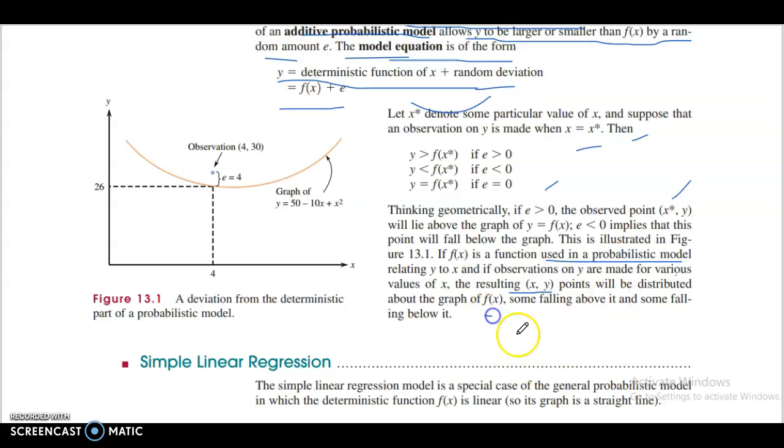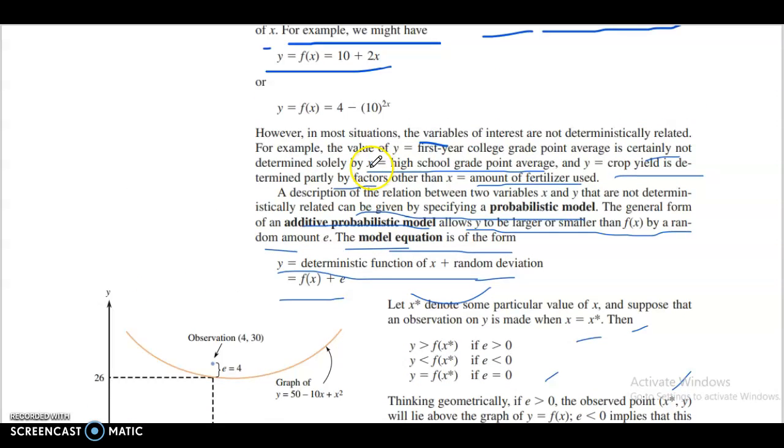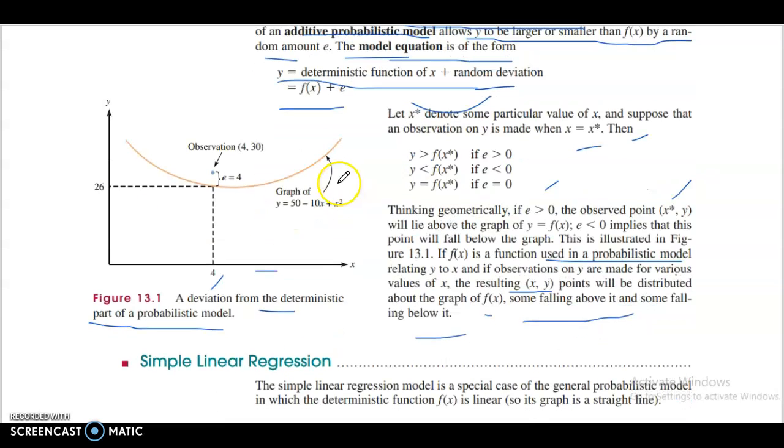The deviation from the deterministic part of a probabilistic model. The graph of this is y equals 50 minus 10x plus x squared.